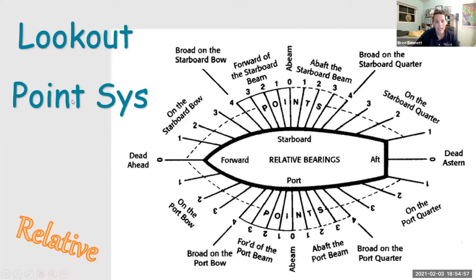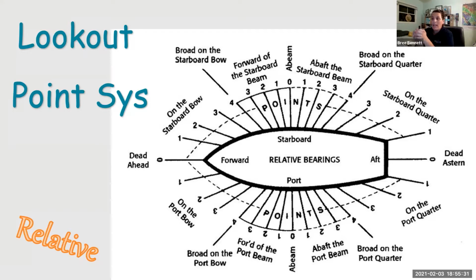Okay, then we have another point system, which I'm just kind of throwing at you here, which is lookout points. And these are relative. Our reference point for our compass is due north, or magnetic north, or compass north, but it's always north, and that's our 0. And then we add going clockwise.